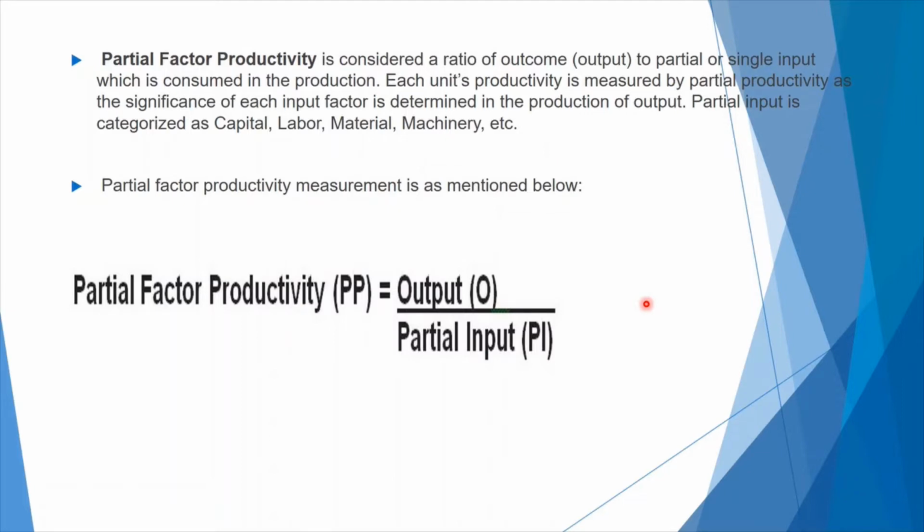Partial input is categorized as capital, labor, material, machinery, and so on. Partial factor productivity measurement is as mentioned below. We have the formula: partial factor productivity, or PP, equals output over input, partial input.